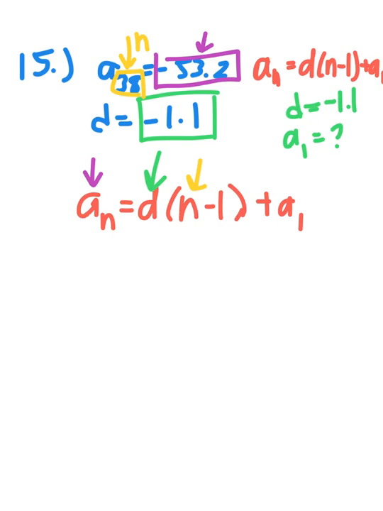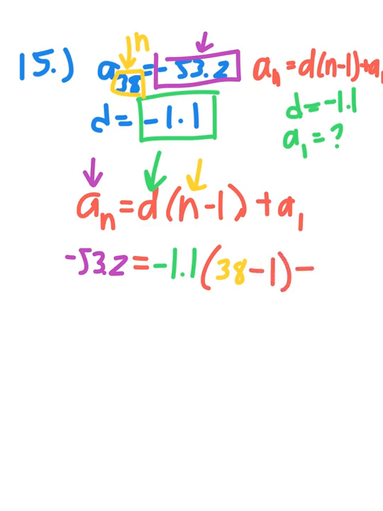So I'm going to rewrite it as negative 53.2 equals d, which is negative 1.1, times n, which is 38, minus 1, plus a sub 1, because that's what I'm really looking for.